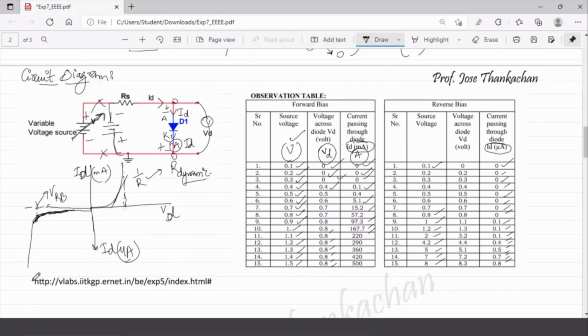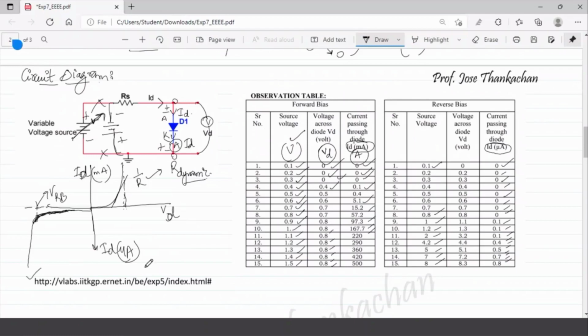If you want to do it online using some simulations, we can do it also using this link. There is a link of virtual labs. You can see the graph of current versus voltage for a PN junction diode. This can be done at your own site. I'm just giving you this link.